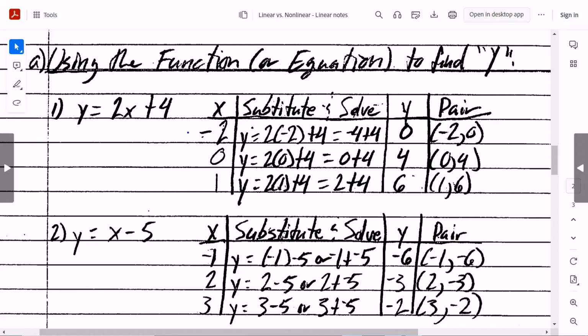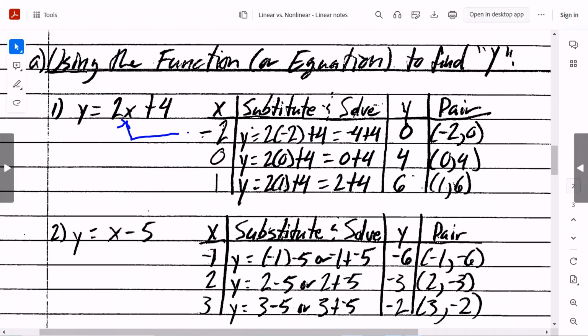That negative 2 is going to go in place of x. Anytime I substitute, I use parentheses so that I can see this is something new, something important that I've got to make sure I know how to deal with.